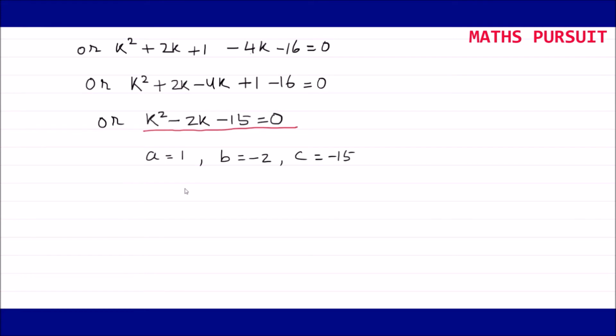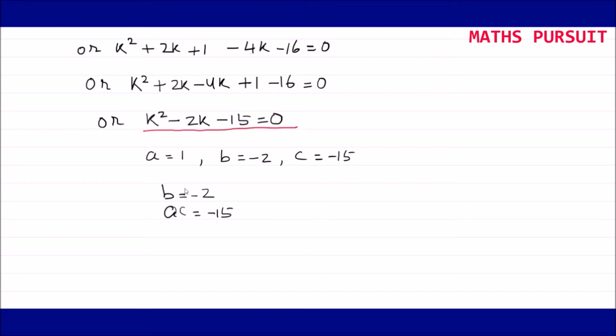So guys, if we use the factorization method, here our b is equal to minus 2 and the product ac is equal to minus 15. So we should try to find such numbers whose product is minus 15 and whose sum is minus 2.